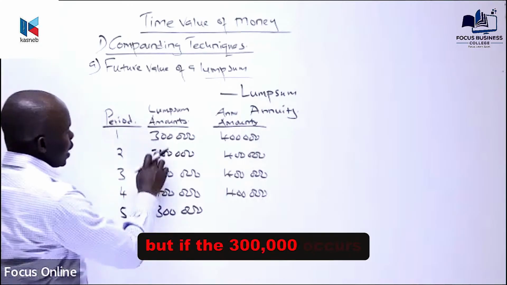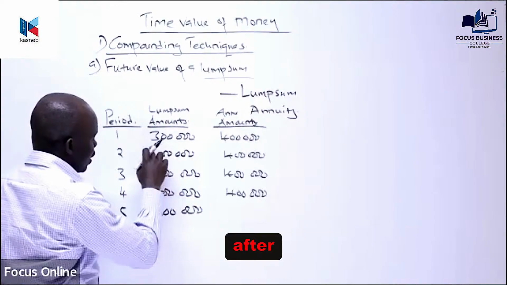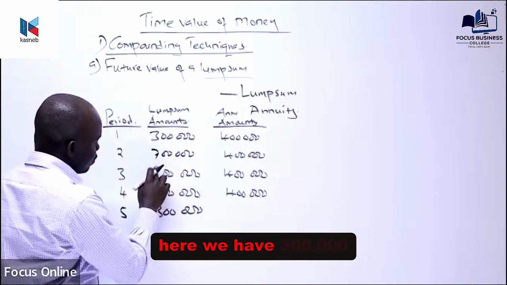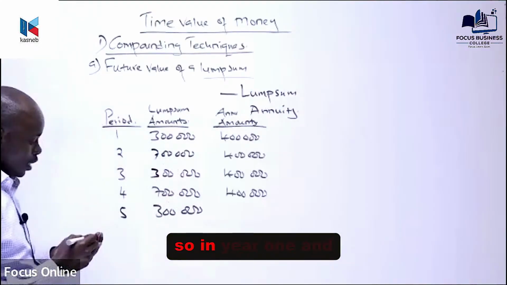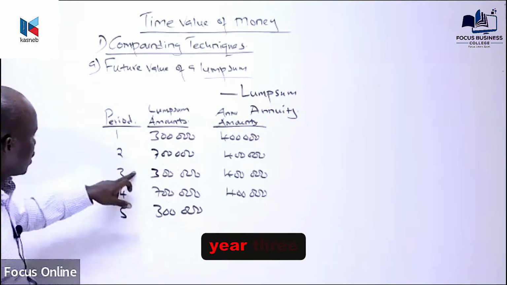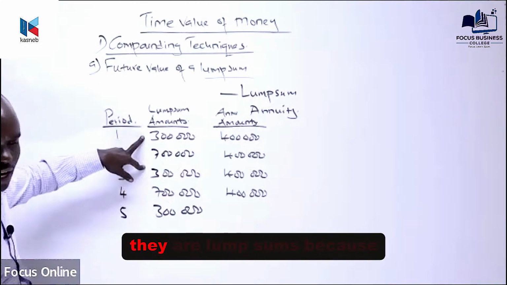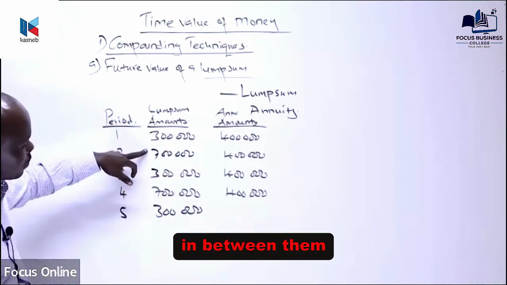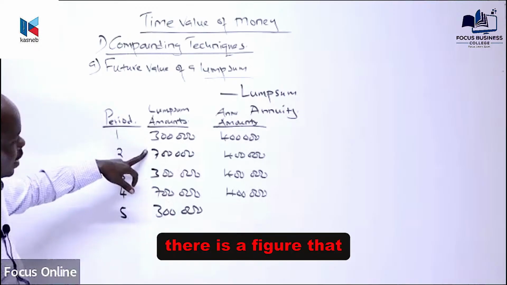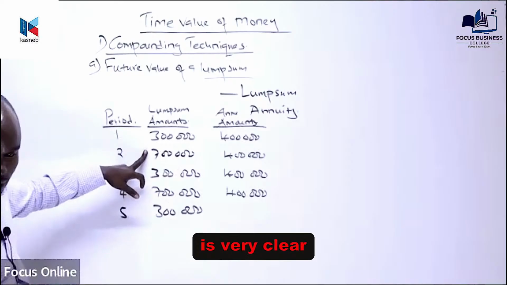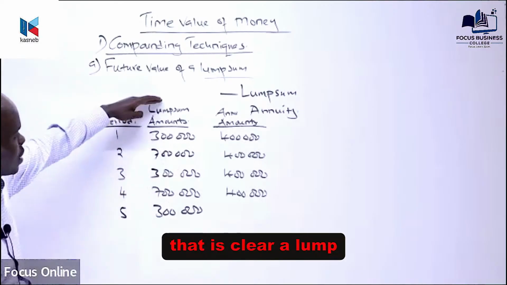But if the 300,000 occurs after, let's say, 700,000, so in year 1 and year 3 we have 300,000, these are not annuities, they are lump sums because in between them there is a figure that is different from them. I want to believe that is very clear. That is clear, a lump sum and an annuity.